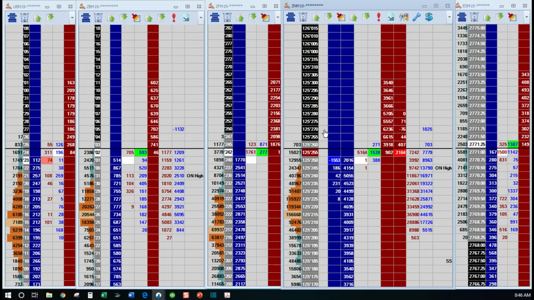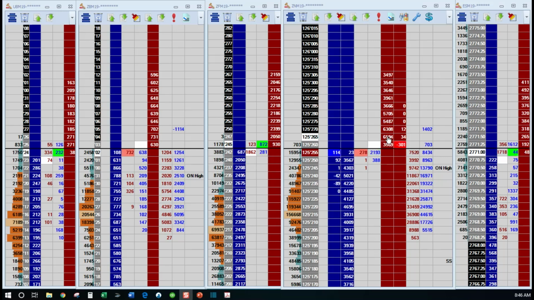Why does it keep doing that? Just using a 3 lot just in case, because it's a little volatile, so I don't want to go on a full lot size.